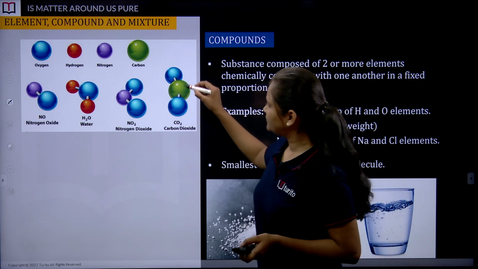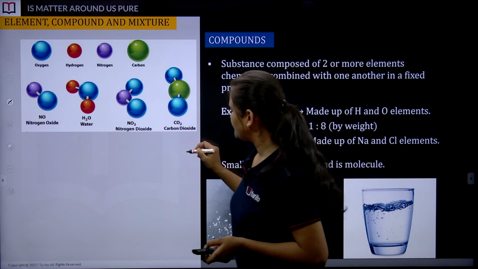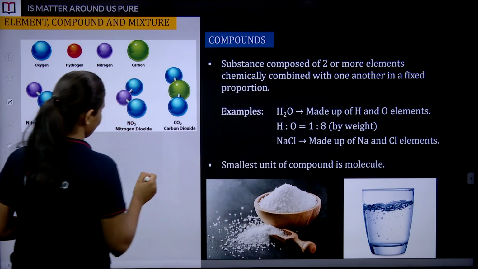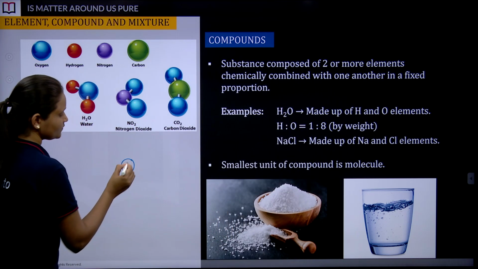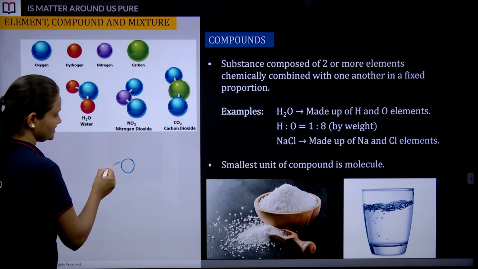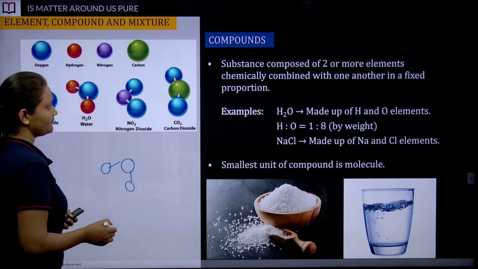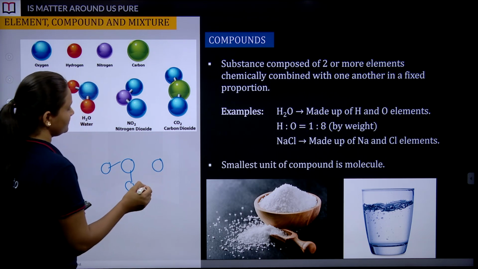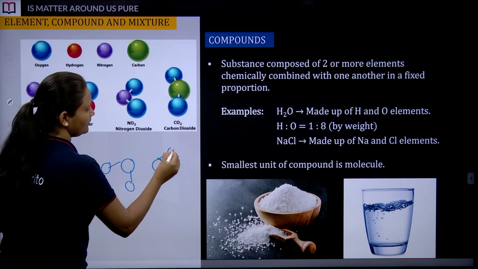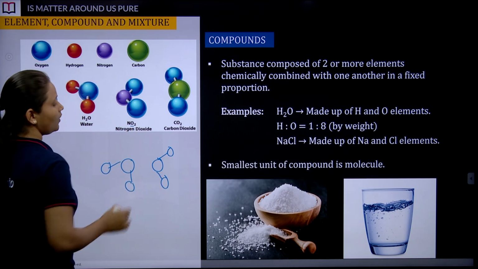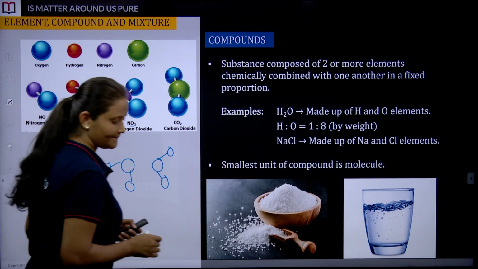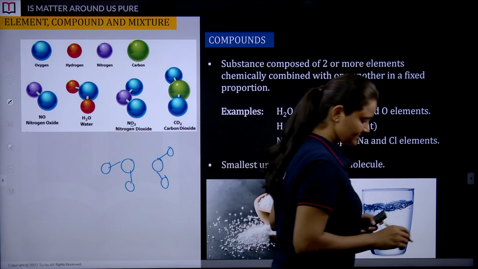See what it is showing. This is your oxygen, it is bonded to 2 hydrogen. This is your nitrogen, it is bonded to 2 atoms of oxygen. Okay, just go through it once.